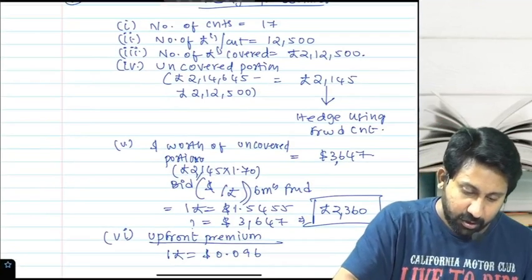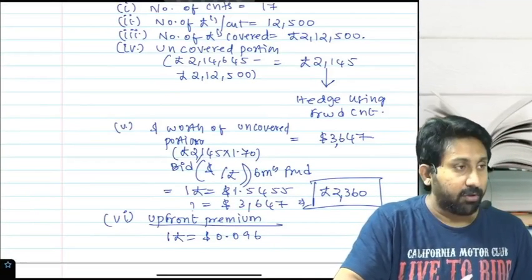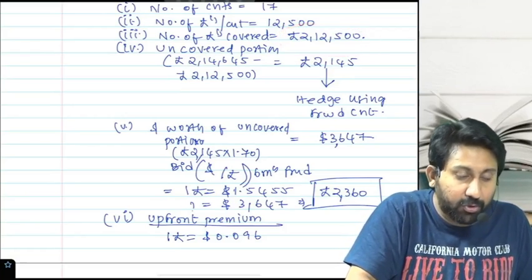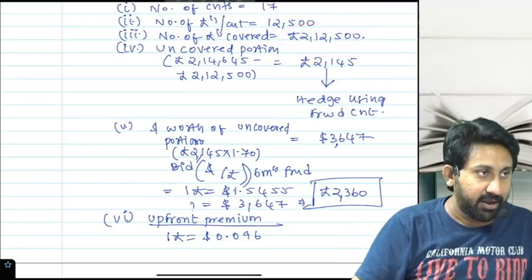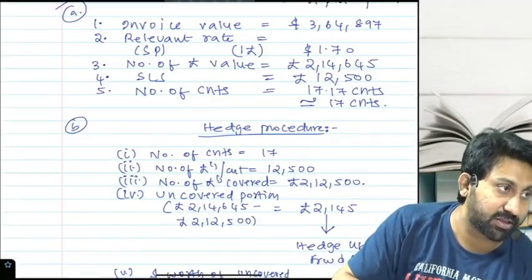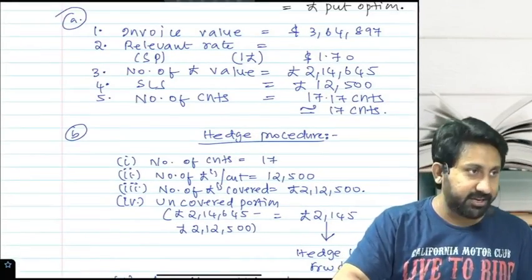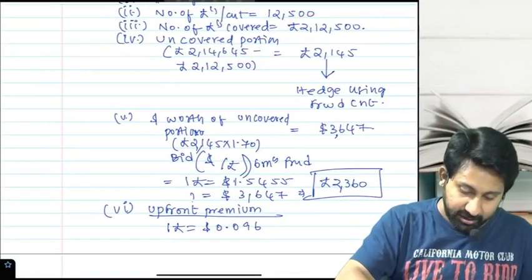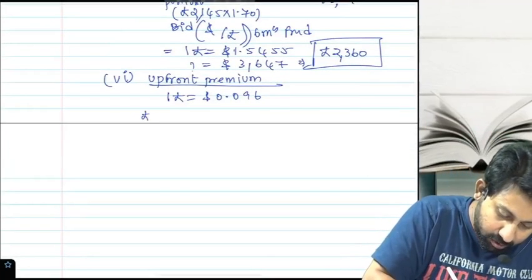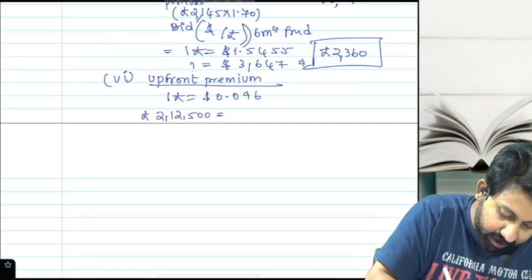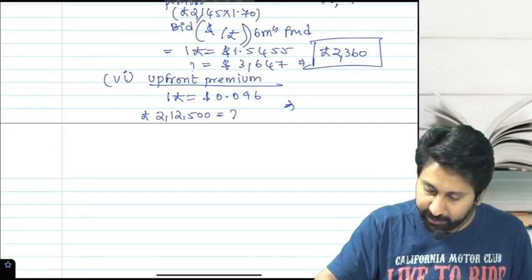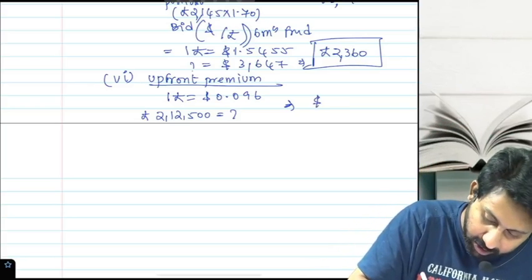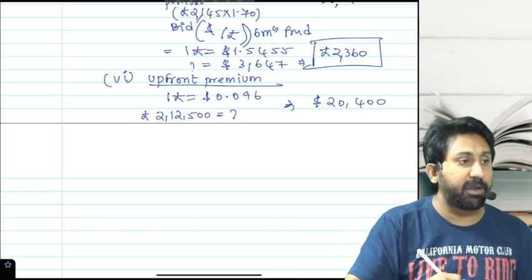In options, how much is covered? Only 212,500 is covered in the options market. I didn't cover the entire invoice value of 214,645 in pound terms. I converted only 212,500. Therefore, for 212,500, how many dollars do I need to spend? 0.096 into 212,500 means how much? Dollar 20,400 put premium you need to pay.